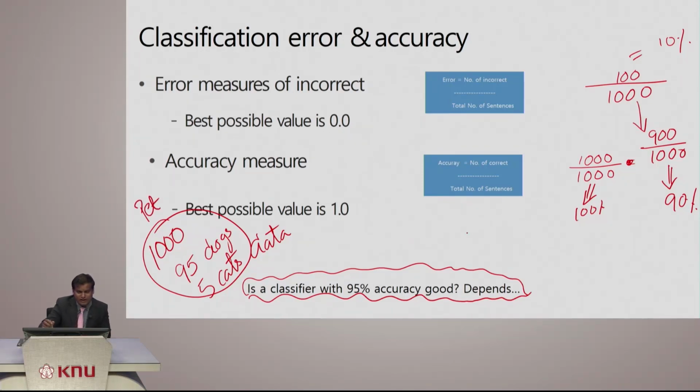If it automatically gives everything as dog, whatever you give as the input, the output is dog, then your accuracy is 95%, right? Just give an input and the output is always the class of dog. Does it show that this classifier is a good classifier? Definitely not. So this is one of the critical things that we have to examine.